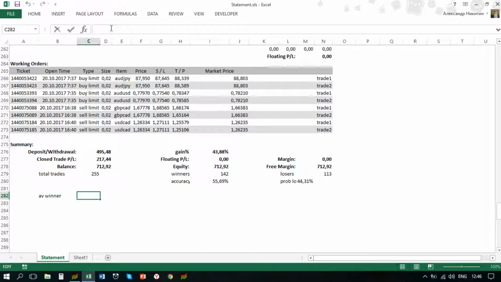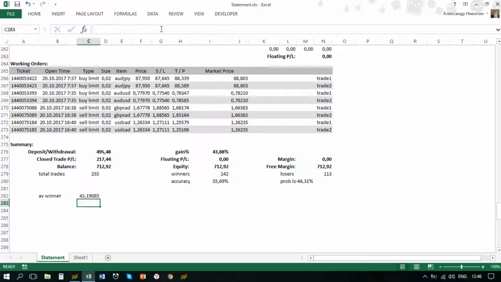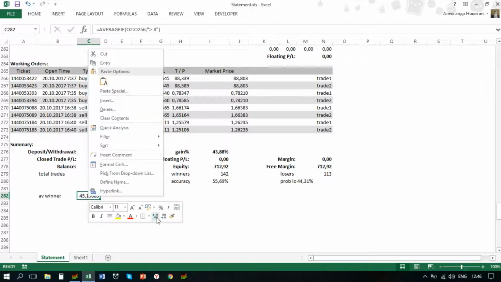And then I should paste it here. Okay, so instead of count F, yes, calculate average F within the range of our trades, yes, our pips, and what is more than 0 should be calculated as average. So the average says that I am 45.50 something pips.